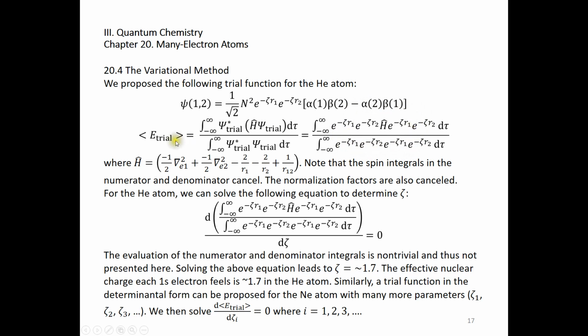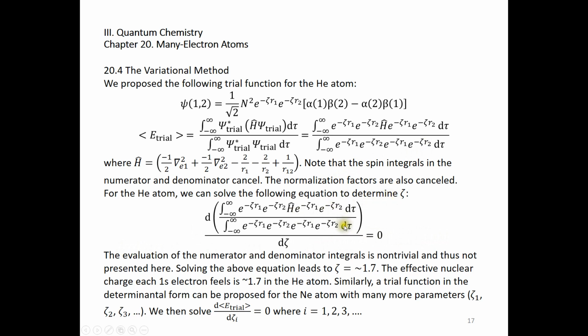How do we minimize the trial energy? At the minimum, the derivative with respect to zeta should be 0. So we just need to solve this equation. We take the first derivative of the trial energy with respect to zeta, set the derivative to 0, and solve this.